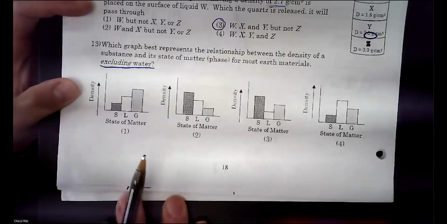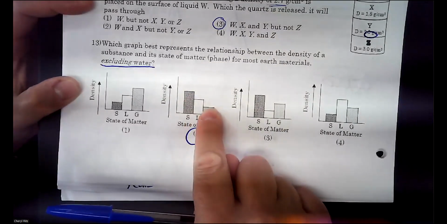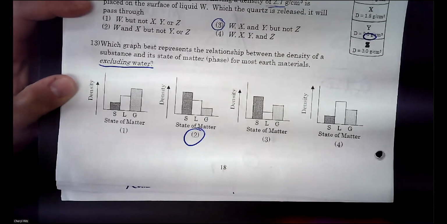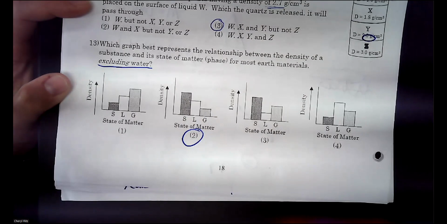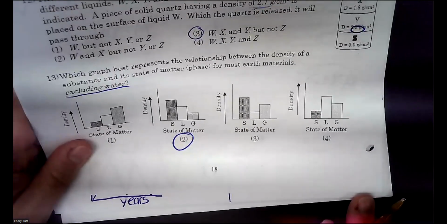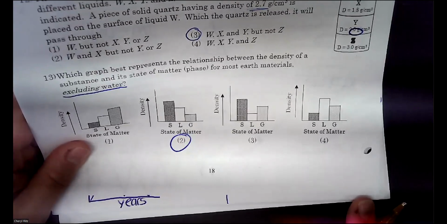So everything but water is most dense as a solid, least dense as a gas, and liquids in between the two. Water would be different. Water would have solids being less than liquid, but not as small as gas. So it's actually not even on here.